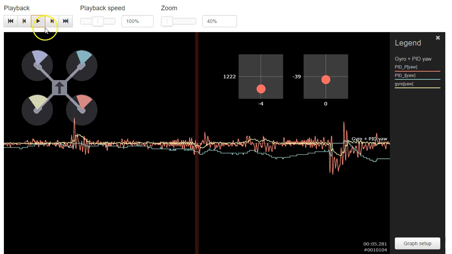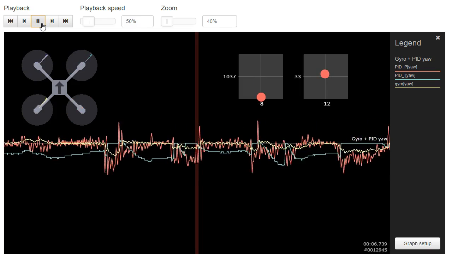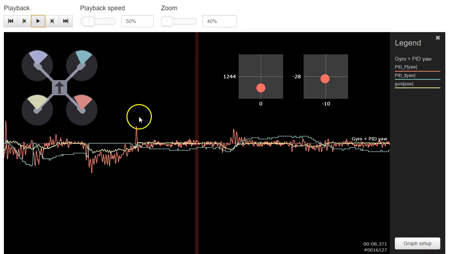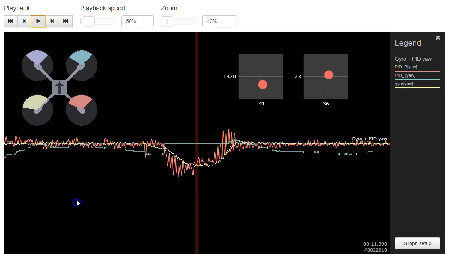Is that a coincidence? Let's play that back. No, no, no. There's nothing that you're really doing with your sticks or anything. That's interesting. We'll keep that in mind.